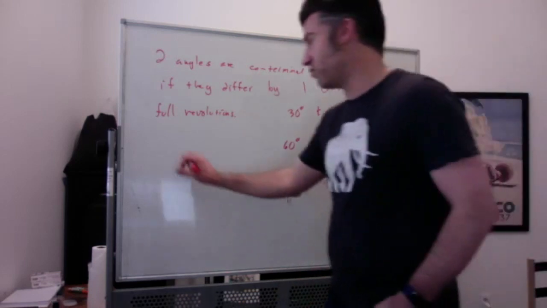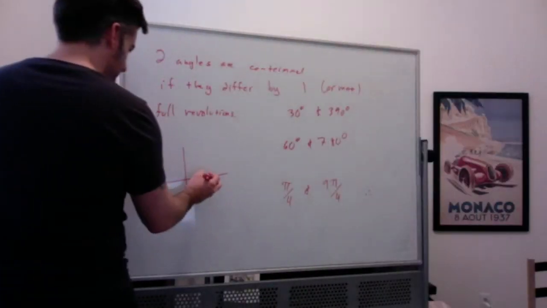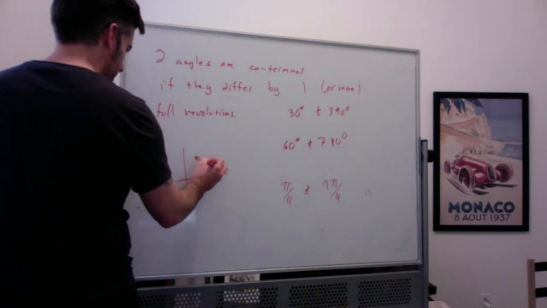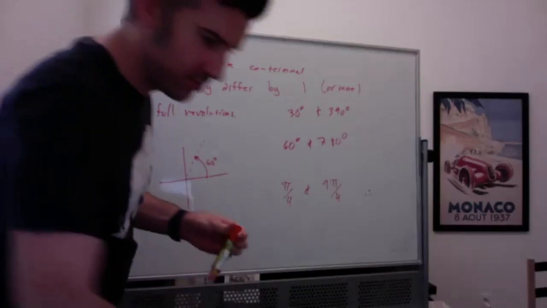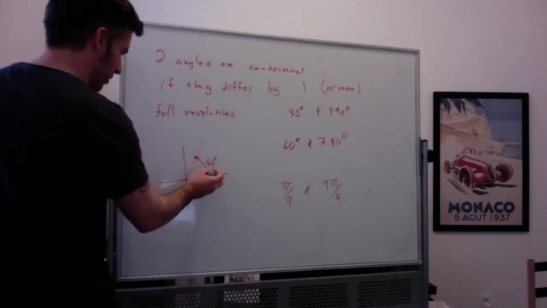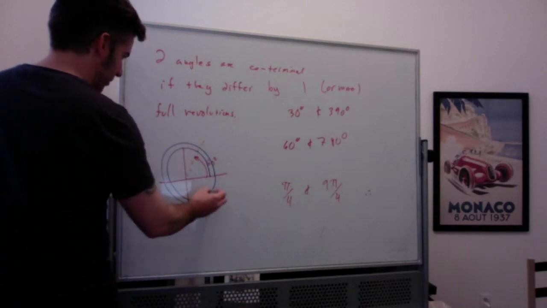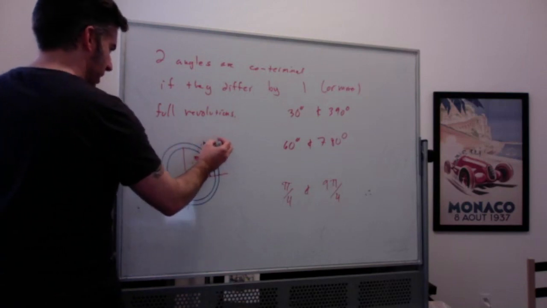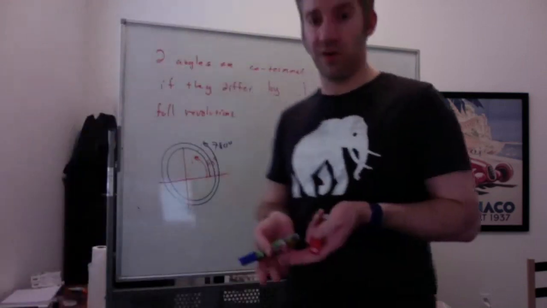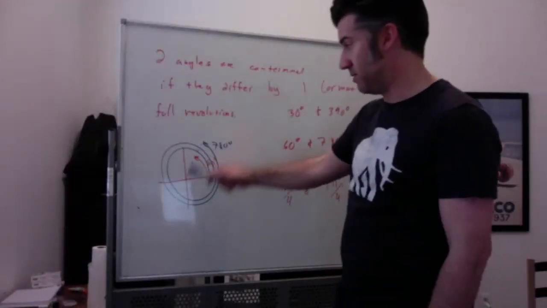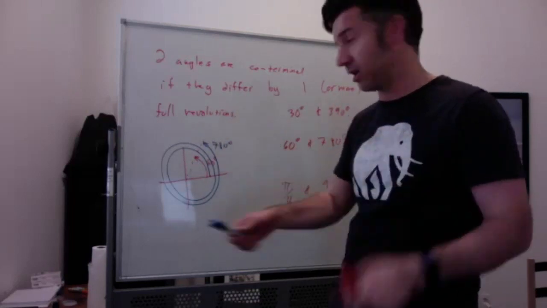Basically it means if you draw them, they end up in the same spot. Here's 60 degrees, and here's 780 degrees. There's 360, there's 720, there's 780. So two angles are called coterminal if they end at the same terminating ray.